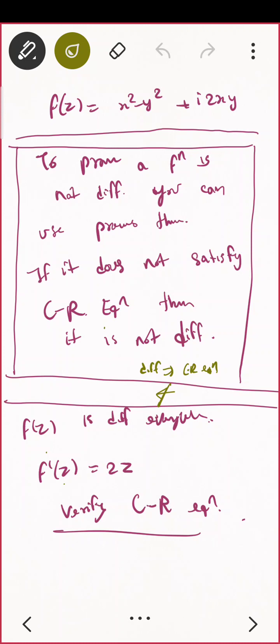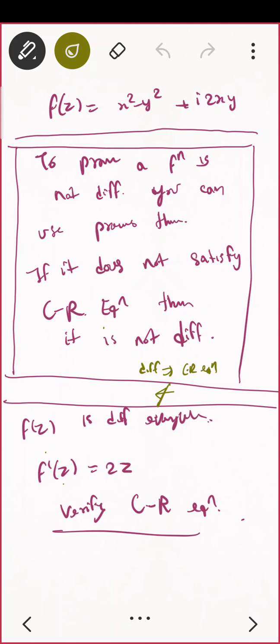We'll see. There are some examples, and I think we have done them also. If you take some functions which are not differentiable, we have done so many such functions, and we'll see that those functions satisfy the CR equation, but they are not differentiable. So the CR equation is not sufficient for me. The CR equation is just a necessary condition for differentiability. It is not sufficient. So the next question should be, can we add some more conditions and get a sufficient condition?